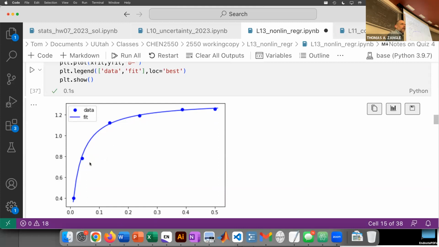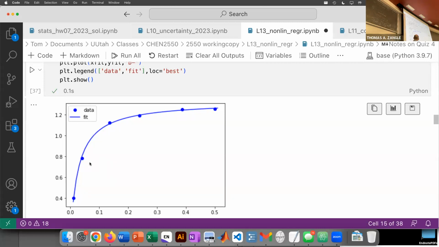Just as a note, as you're working through labs, when you get into junior labs and your senior project, in general, when we're displaying data and a model, this is often the format that we use, where we use symbols to represent the data and a solid line to represent the model. So that's just general formatting.